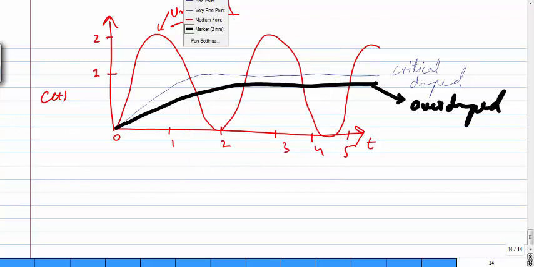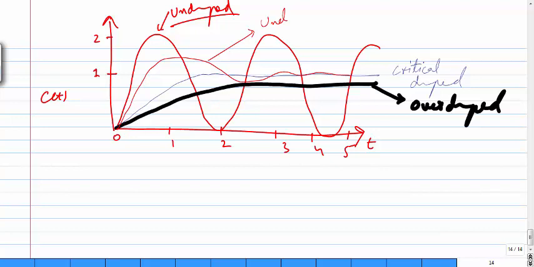Then we also have the underdamped response, that is doing like this.